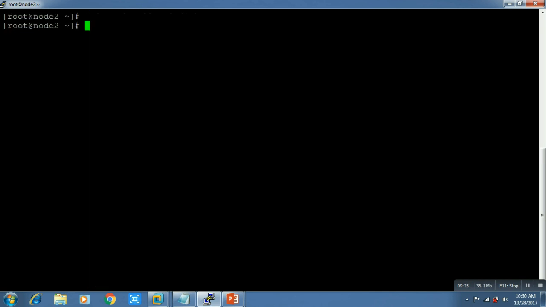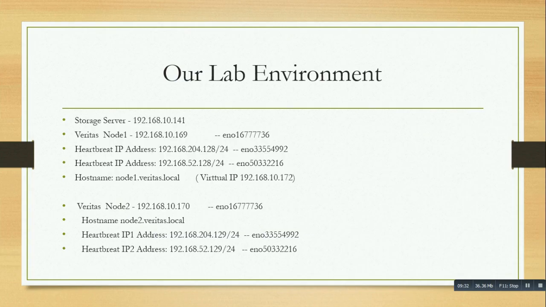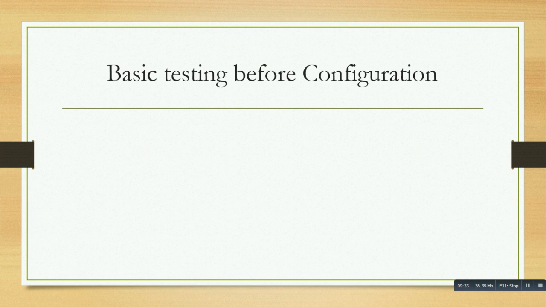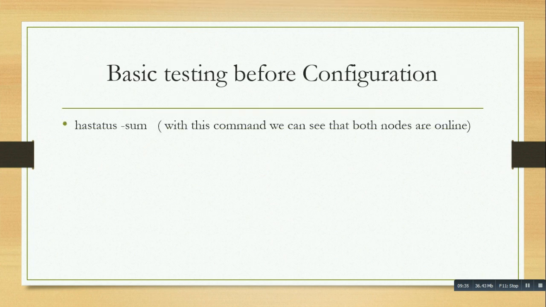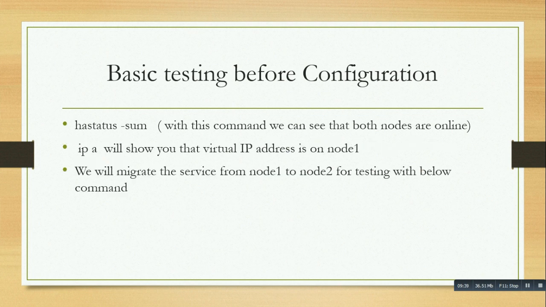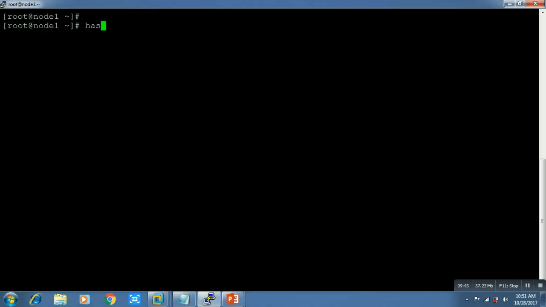So for basic testing before configuration, you can migrate your virtual IP from one server to another. I will show you that, and after that I will show you how to delete this, right? Because this is not useful for us. Okay, this is node 1. Yeah, okay, you can see the cluster is running, the group is running on node 1. And what is this group?